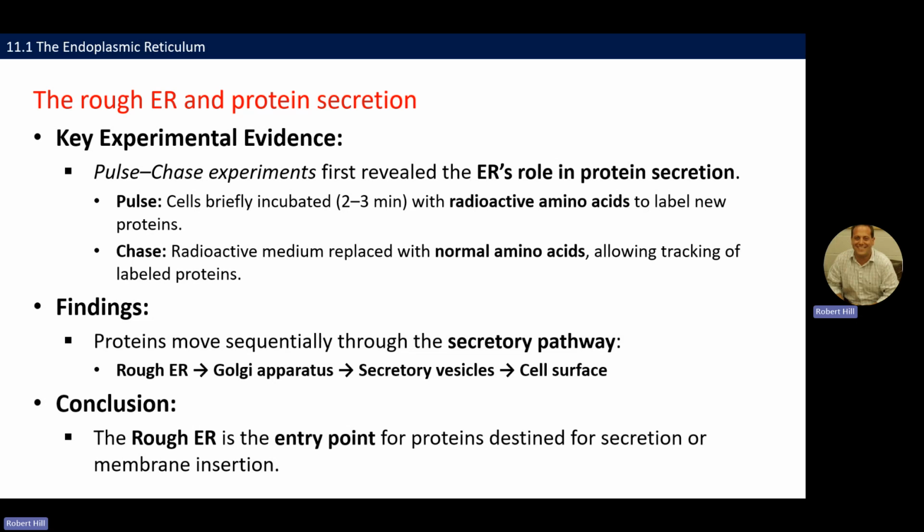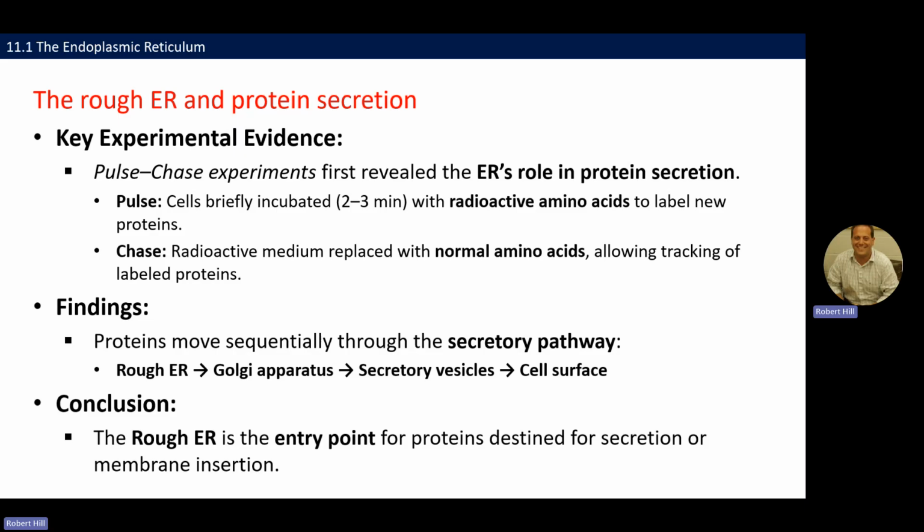You allow that to occur for a little while. So the radioactive amino acids start getting incorporated into freshly translated proteins. Then you pull the cells from that medium and place them in fresh medium without any radiation. And then using autoradiography, you can start to see where those radioactive elements are traveling.